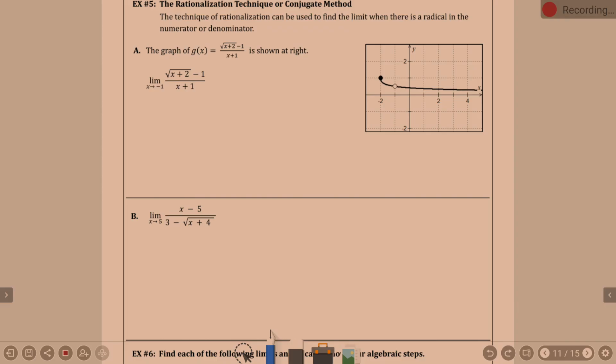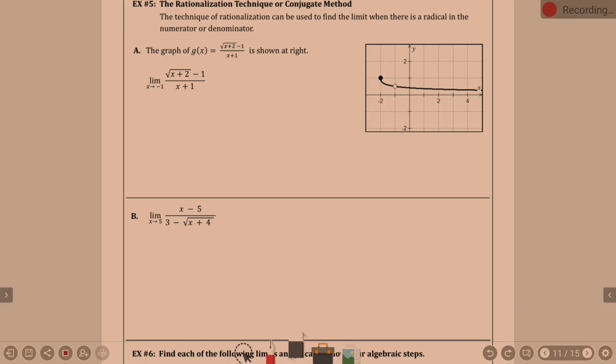In order to do that, we're going to multiply by the conjugate of the numerator, where the square root is. You've done rationalization before, but normally we rationalize the denominator. We're going to rationalize the numerator. So I'm going to multiply.